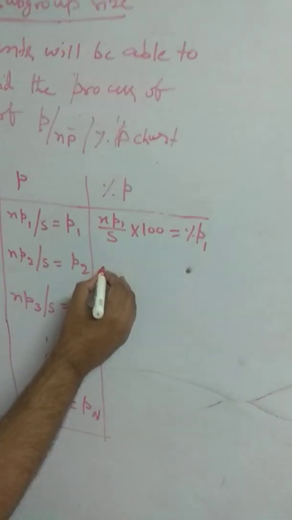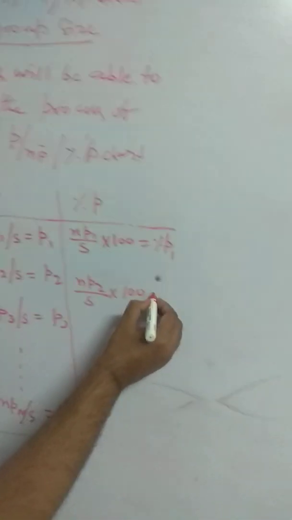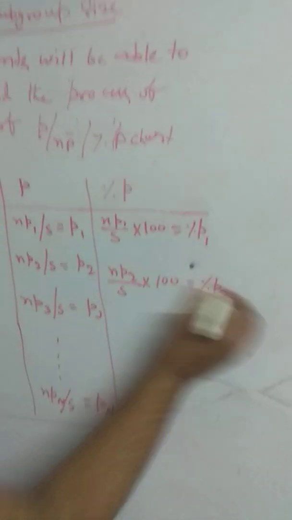Similarly, NP2 divided by S into 100 will give the value of percentage P2.